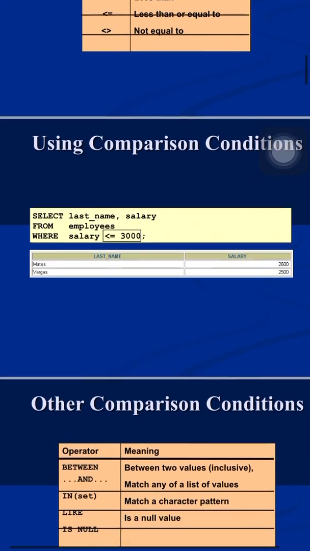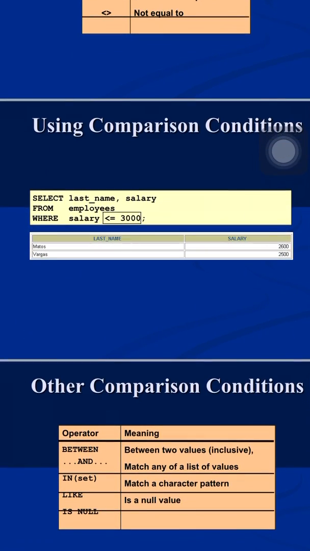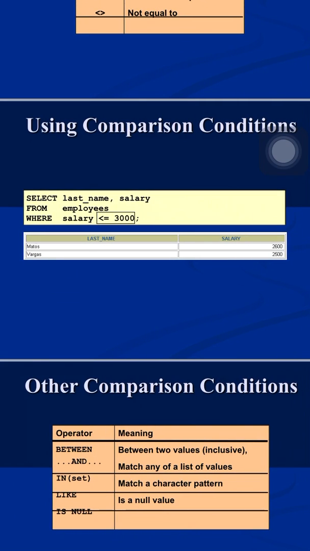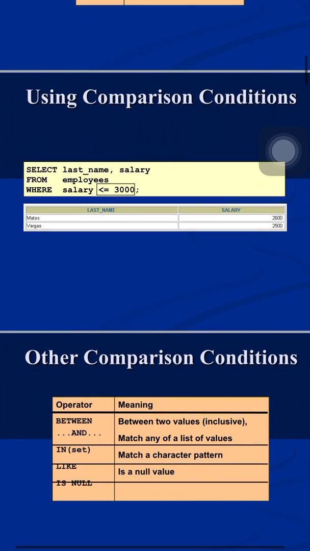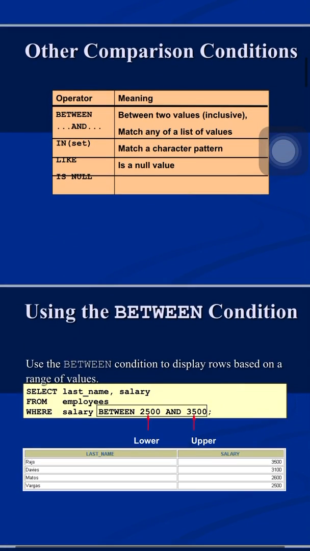Now, apart from these 6 relational operators, we can also make use of certain additional comparison conditions provided in Oracle. These are between and, in, like, and is null. Let us see the meaning of each one of these by understanding their examples. Let us first start with between and. Suppose I want to print all the employees whose salary is between 2500 and 3500.